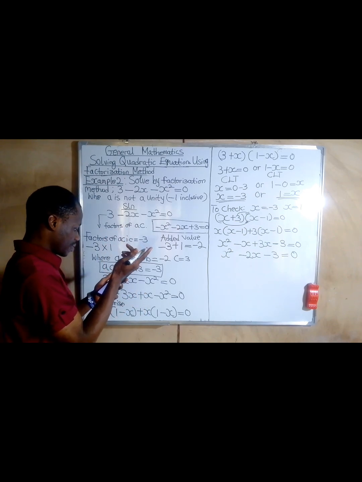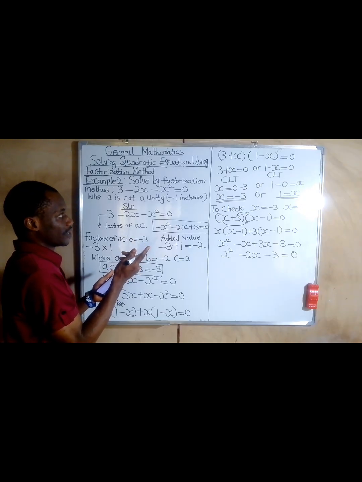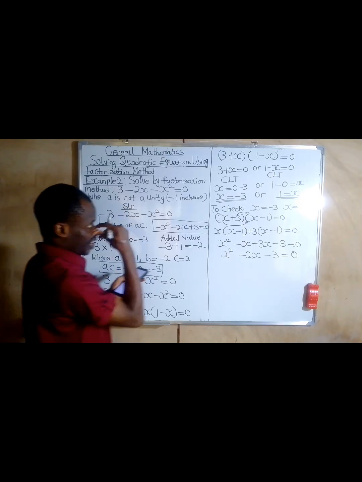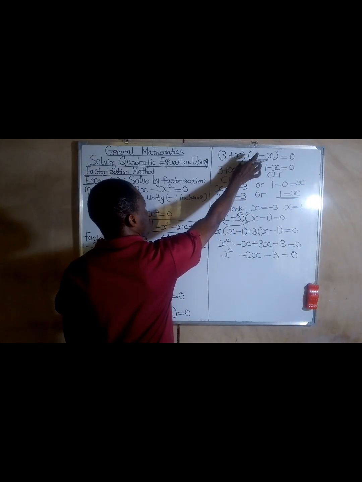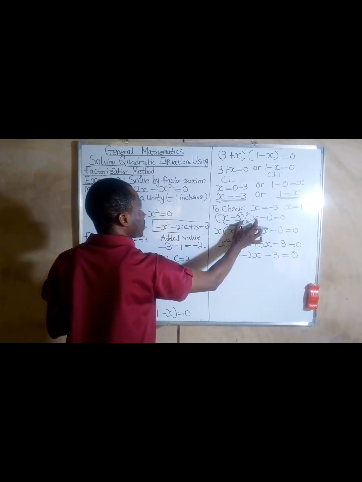So when minus 3 comes inside, it becomes positive 3, x plus 3. When positive 1 comes inside, it becomes minus 1, if I got this correctly. Which is this. This is what I have here.